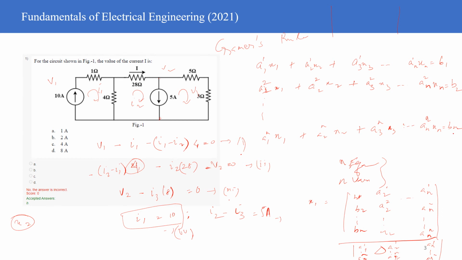So when you want to figure out, let's say, a variable x1, then you substitute the first column with these b's, right? And keep the remaining things the same, right? This is what Cramer's rule says, and you divide the entire thing by the determinant of these particular elements.